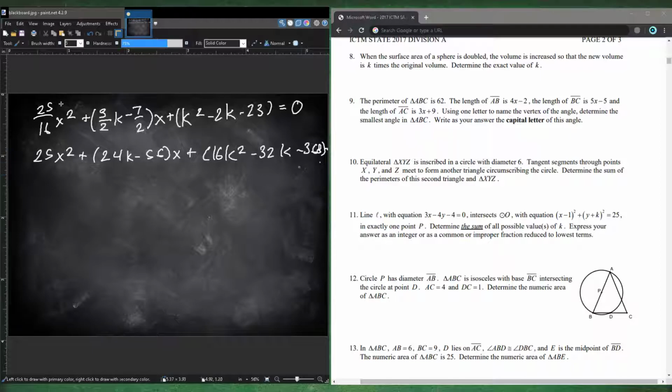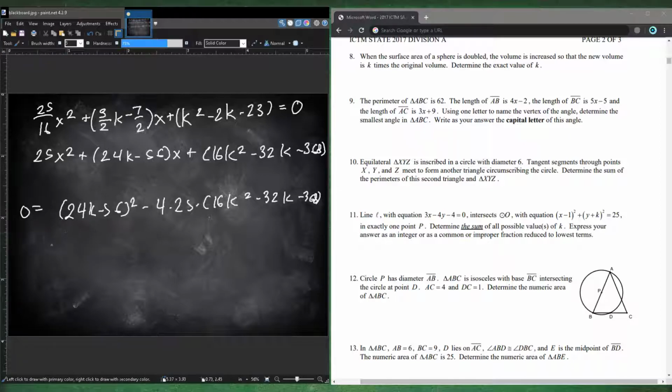And that should be equal to 0. I just don't have room. Okay. So then we have b squared minus 4 times a and c, which is 16k squared minus 32k minus 368. And that should equal 0.